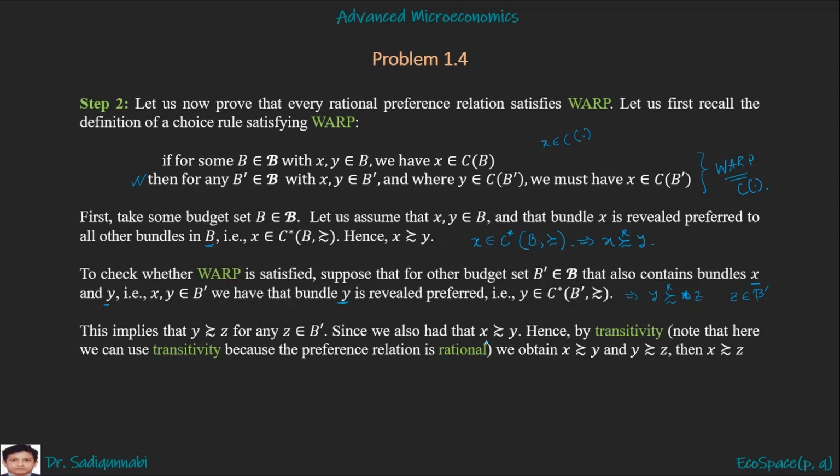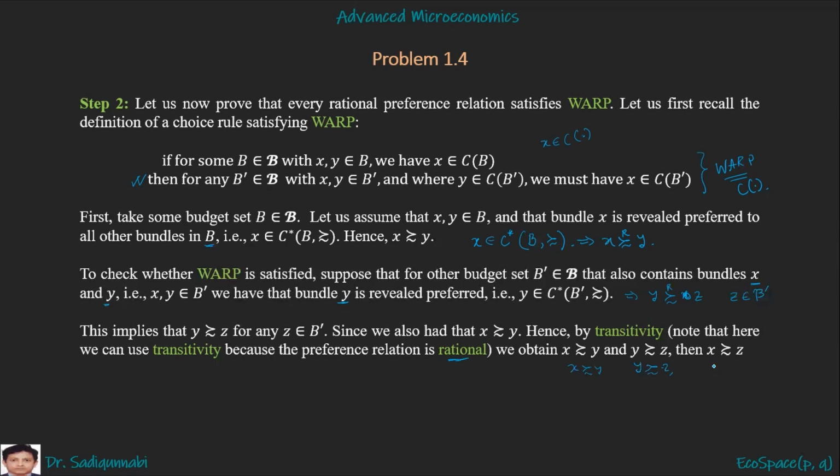Since we have also seen that X is revealed preferred to Y, by transitivity, because we have already proved that this lexicographic preference relation is transitive, and because the preference relation is rational, we obtain that X is preferred to Y and Y is preferred to Z in the second bundle B prime.